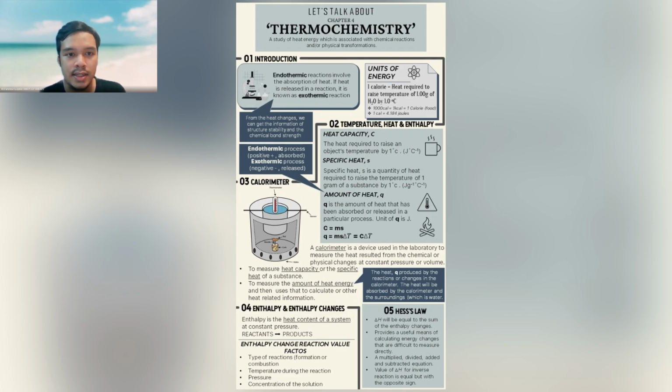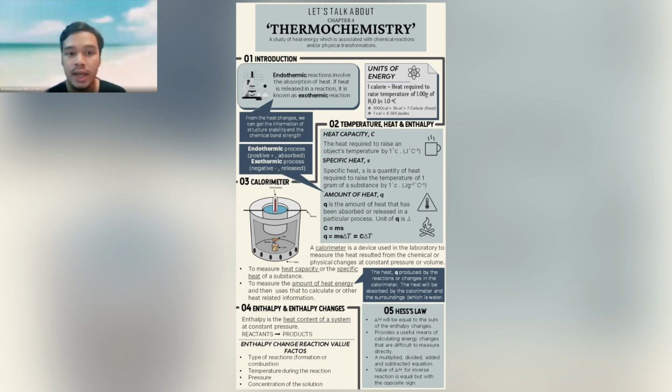Hess's law states that if a reaction is carried out in a series of steps, delta H for the reaction will be equal to the sum of the enthalpy changes for the individual steps. The overall enthalpy change for the process is independent of the number of steps or the particular nature of the path by which the reaction is carried out.